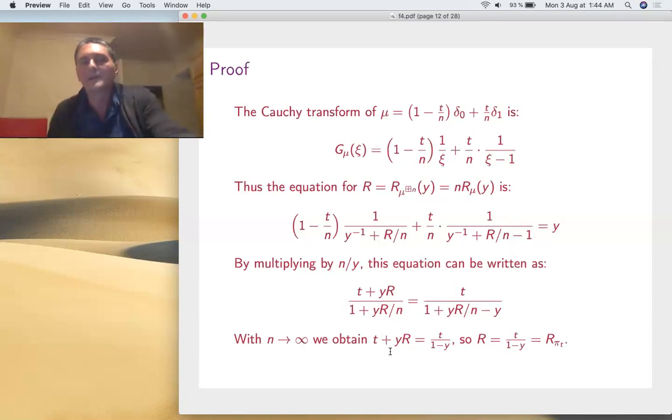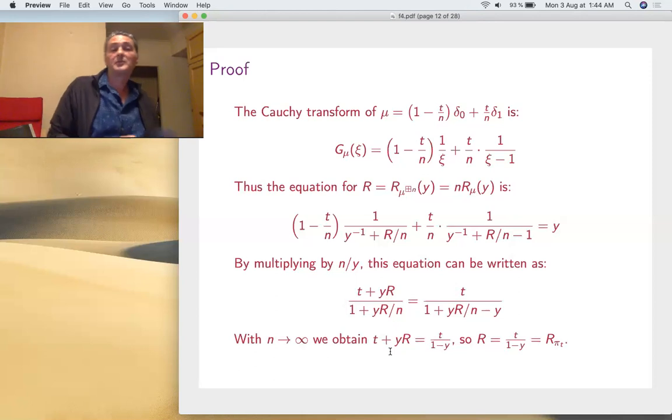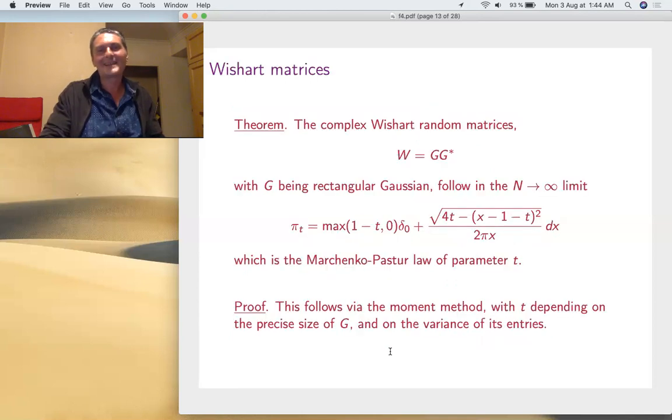So R finally is t over 1 minus y, which is the R transform of this Marchenko-Pastur law. That's something known. So that's how the proof goes. Well, this might look a bit complicated, but we'll see later that these laws have many interesting properties, and it's actually something simple.